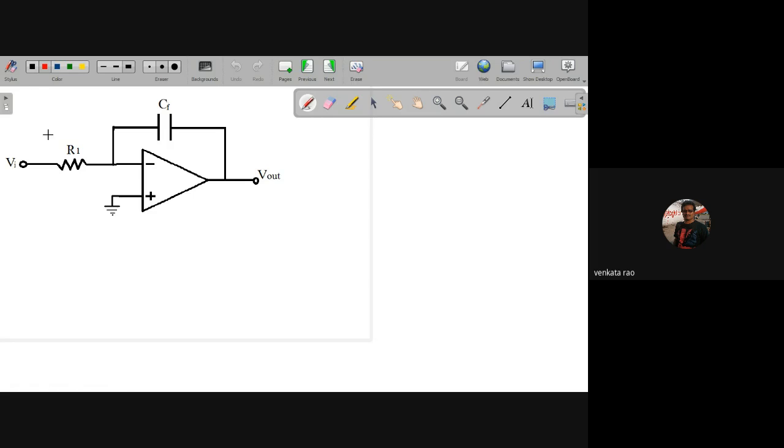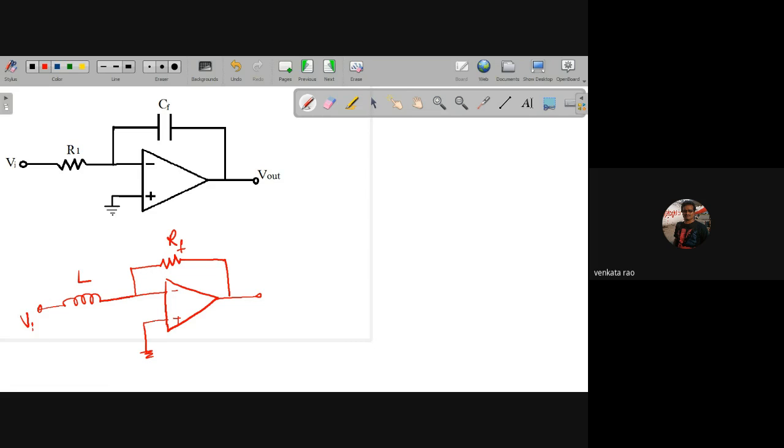If I replace R1 by an inductor, then, for example, this is my circuit: RF, L, Vi.